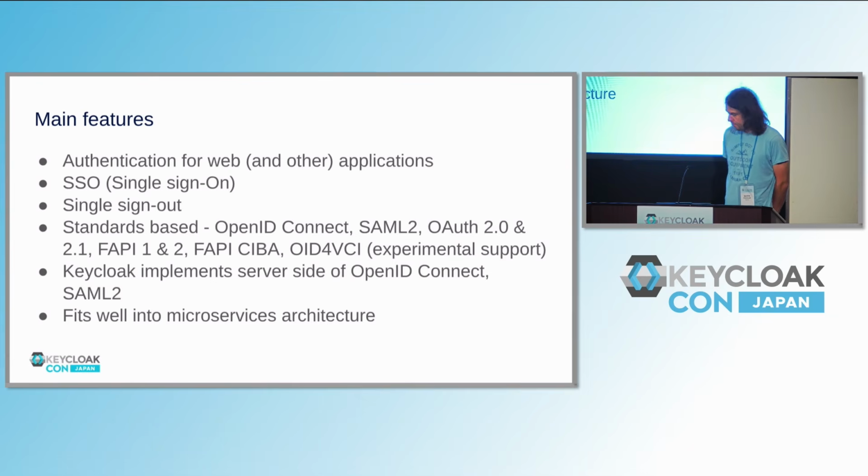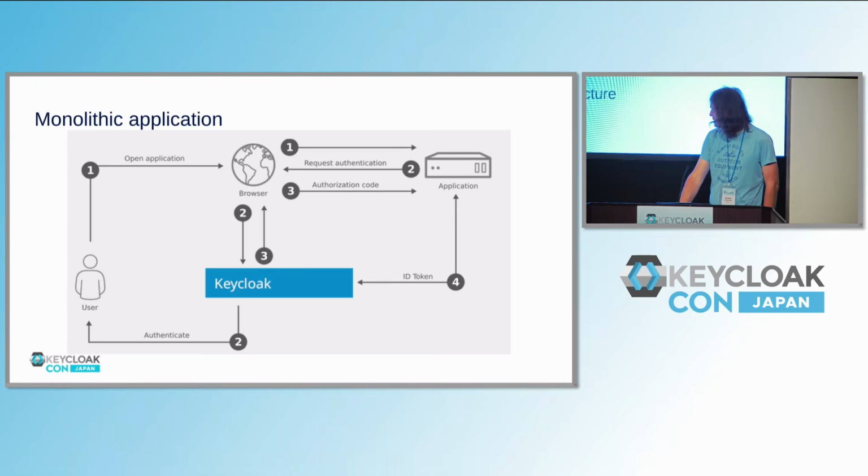And there are lots of other RFCs based on those protocols, but those are the most interesting or most important ones. Keycloak implements the server side of OpenID Connect and SAML2. So for your application, you may need to have an OpenID Connect adapter. And Keycloak fits well into microservices architecture.